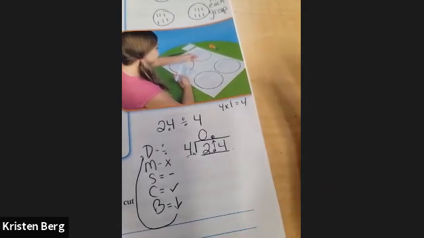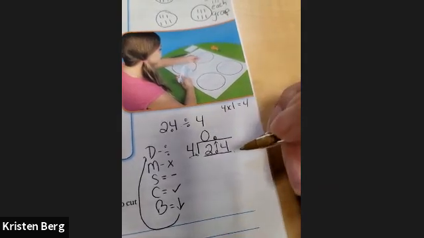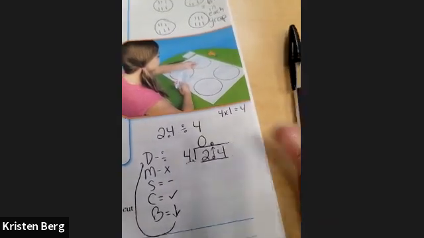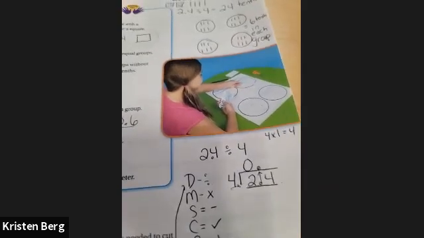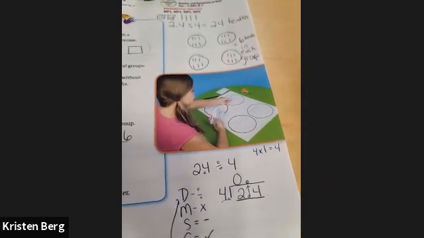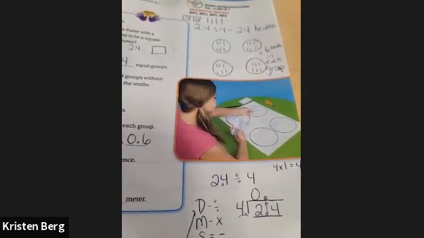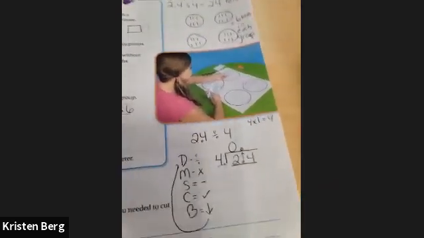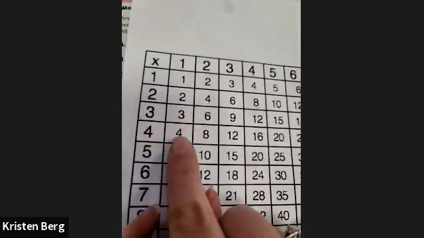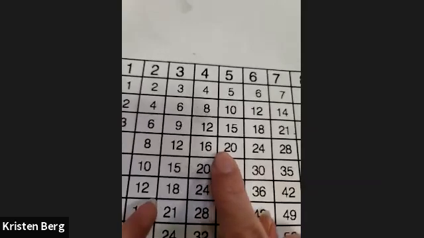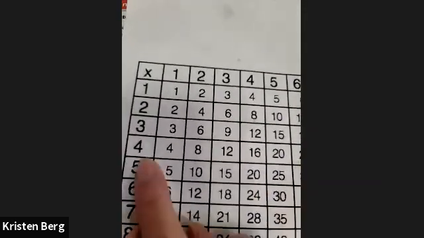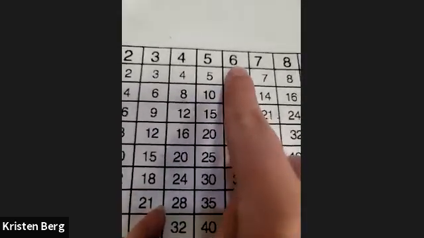If you have your multiplication chart, you can check how many 4s go into 24. So if you go into your multiplication chart, which I'm getting out right now, how many 4s go into 24? If you go along here, oh, there's 24. When I go to 4, I go to 24, and that is saying 6 times.